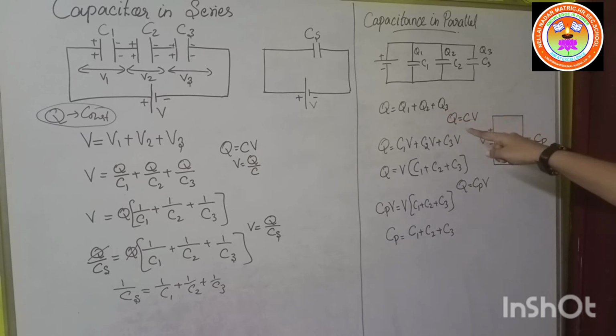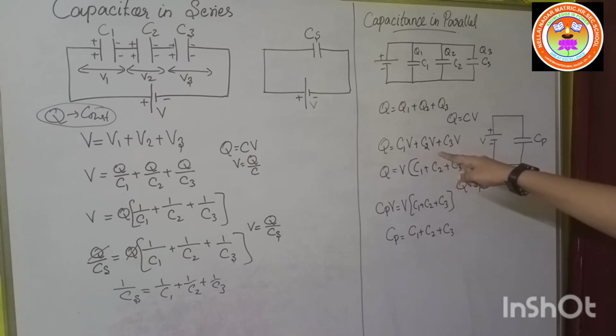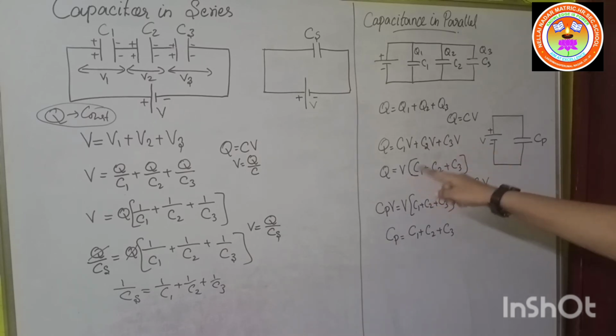Again we know the formula Q is equal to CV. So Q is equal to C1V plus C2V plus C3V. V is common, so Q is equal to V of C1 plus C2 plus C3.